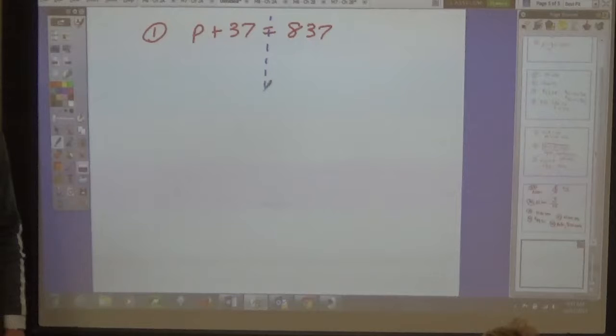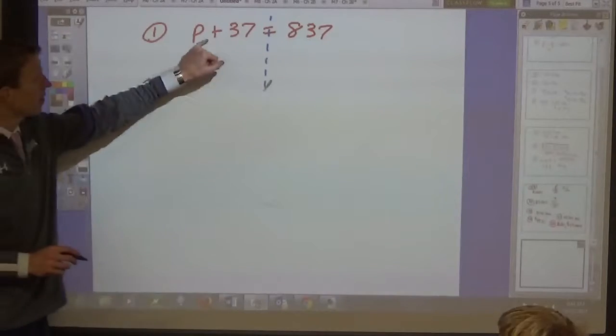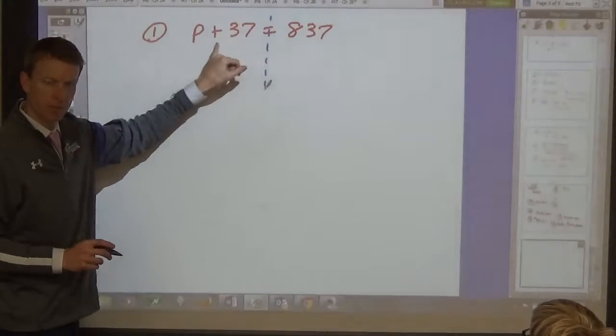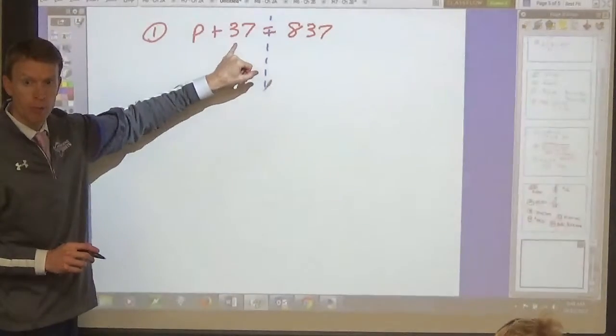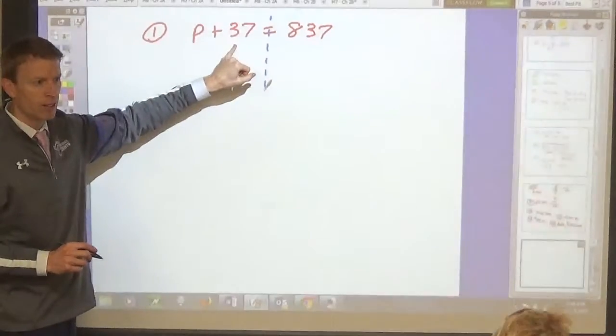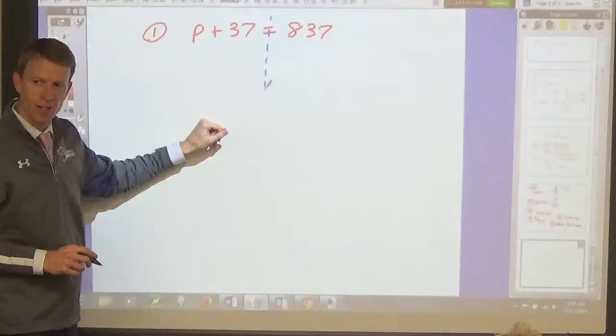So draw that line first. So draw a line down through the middle so that you look at each side separately. Then we have to isolate the variable. First thing you have to do is isolate the variable. So get the variable by itself and add something to this side to get the variable by itself.